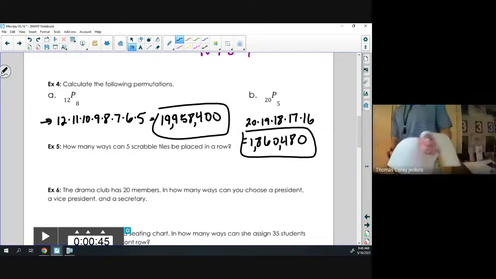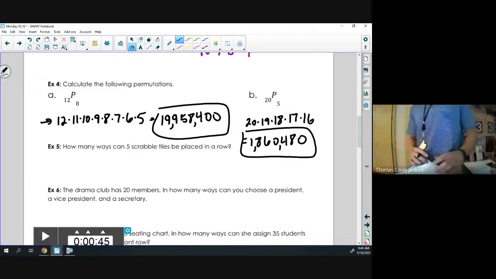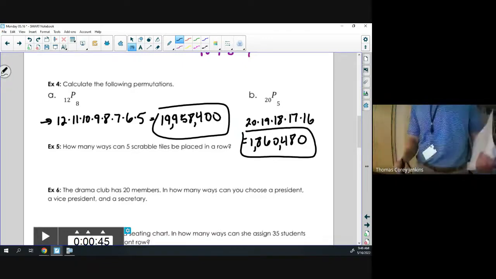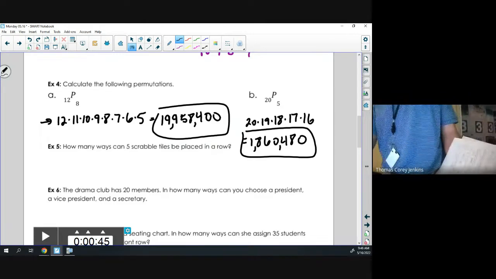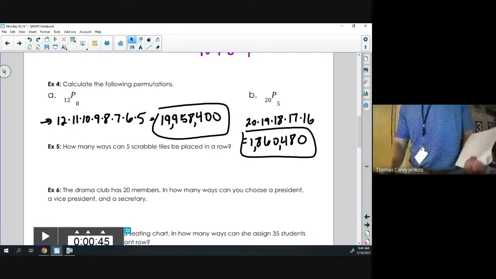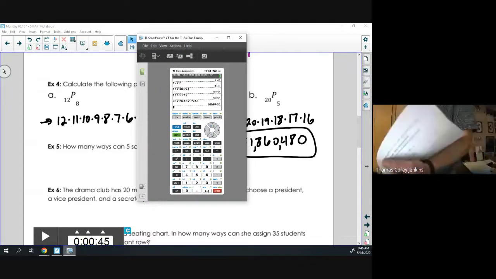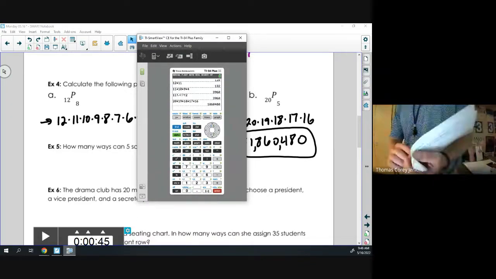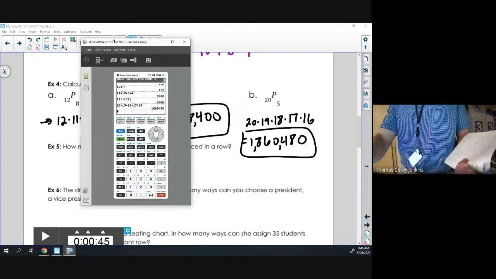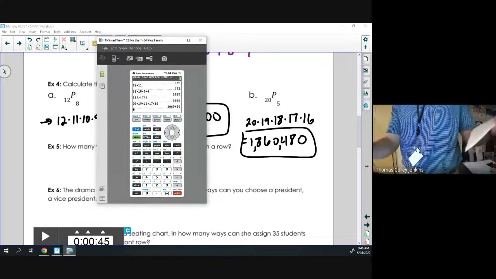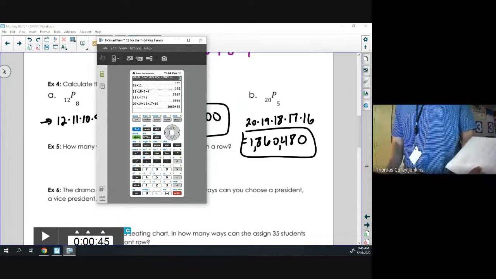Now, as you might have guessed, there is a shortcut for this in your calculator as well. You might have noticed something that said nPr when we were in the probability menu on our calculator. Here's how you can type that in without having to type everything out, because that's a lot to type where we could mess up. So let's look at 12P8.